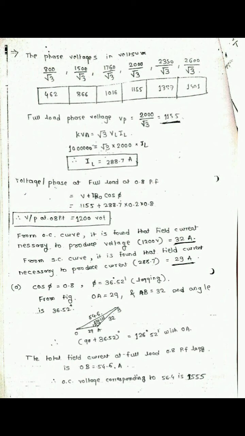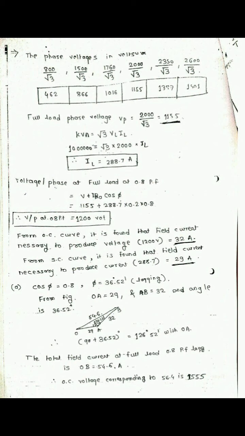First of all, consider cos phi equal to 0.8. From that equation we get phi equal to 36.52, that is lagging. From the figure, the value of OA is 29 and the value of AB is 32, and the angle is 36.52. Why is the angle 36.52?